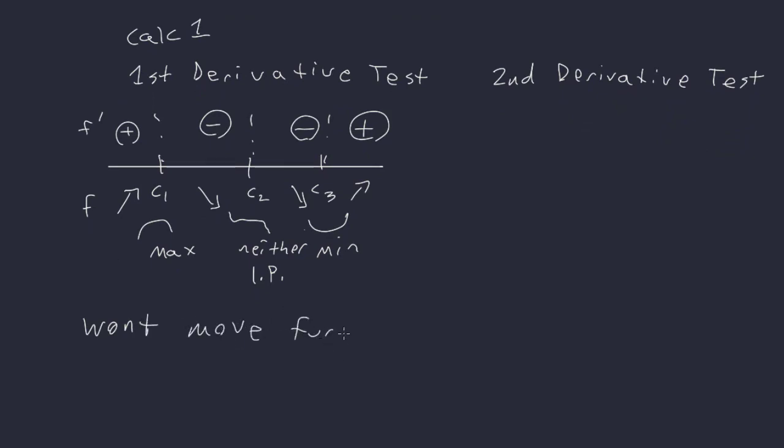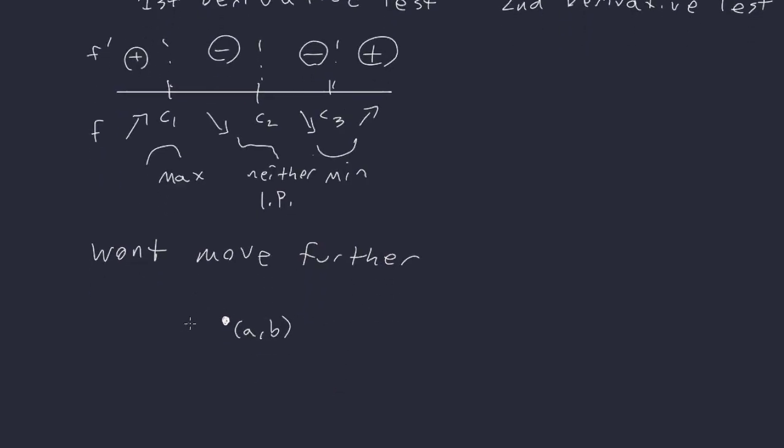This won't move further, because when you find a critical point for a surface, it's not as simple as just checking to the left and the right. Yes, you can check from the left and the right, but also from the top and the bottom, from the diagonals, the 45 degrees, 30 degrees. There are too many directions to check. We can't check every direction anymore.